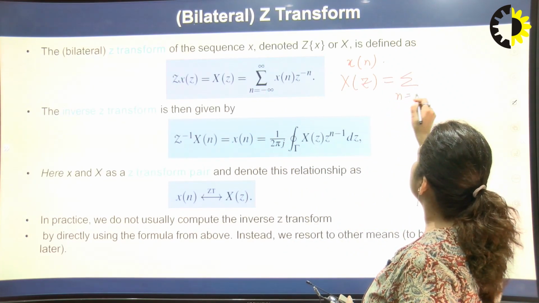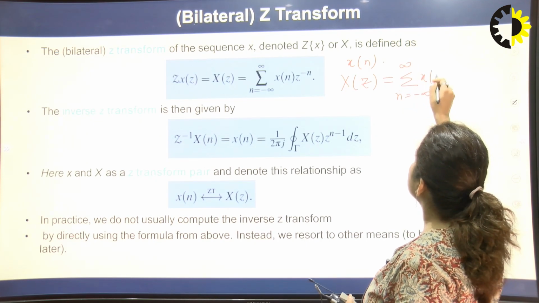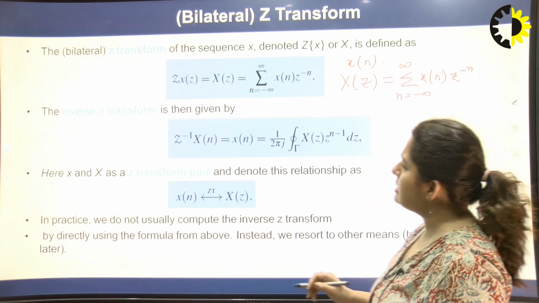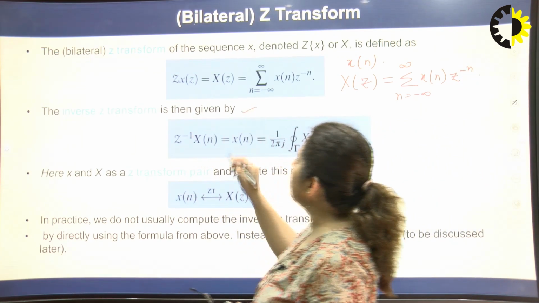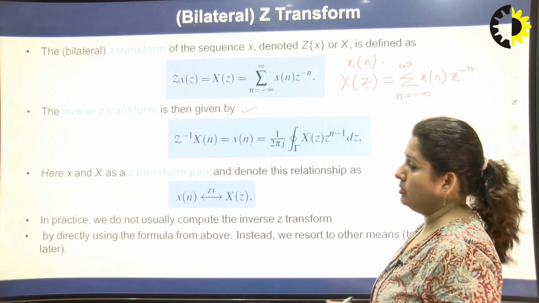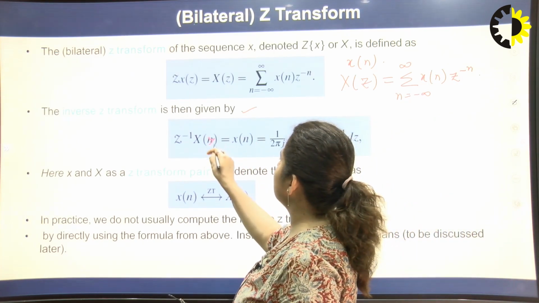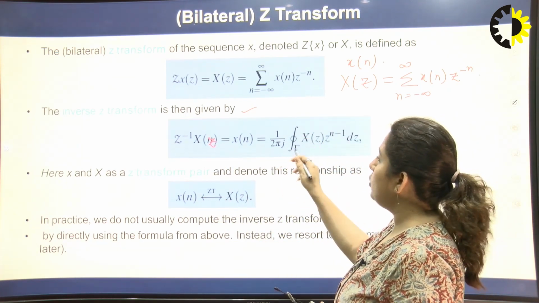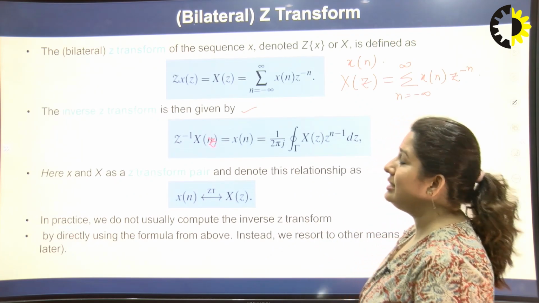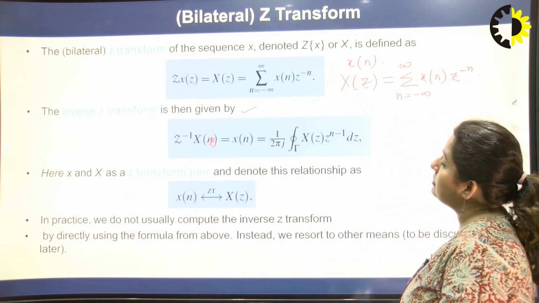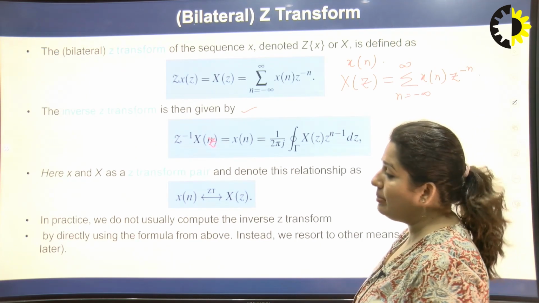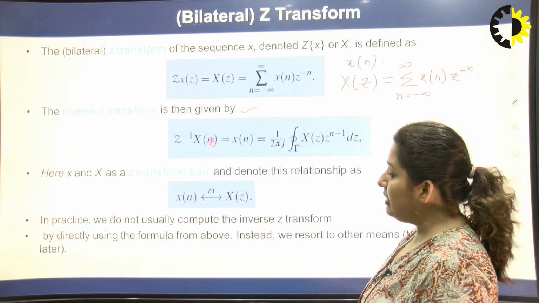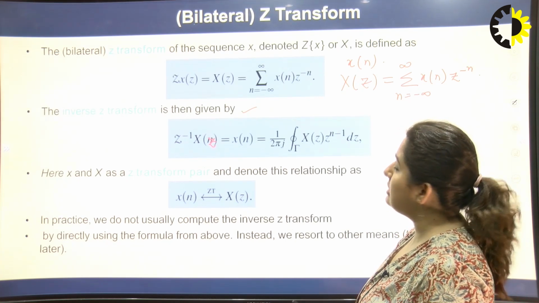It is from n equals minus infinity to infinity of x[n], because it's for a discrete time sequence, z to the power minus n. Similarly, the inverse Z transform is given by x[n] equals 1 upon 2 pi j times the closed contour integral. If you remember, in the discrete time Fourier transform the fundamental period is 2 pi, so at every 2 pi period the signal will repeat itself.